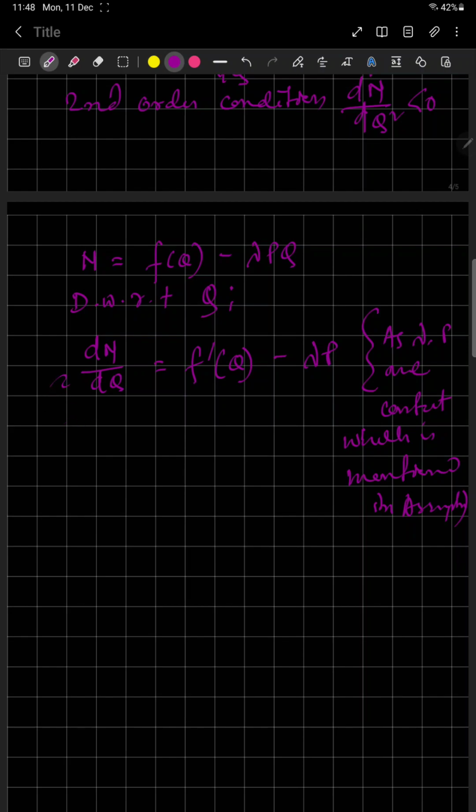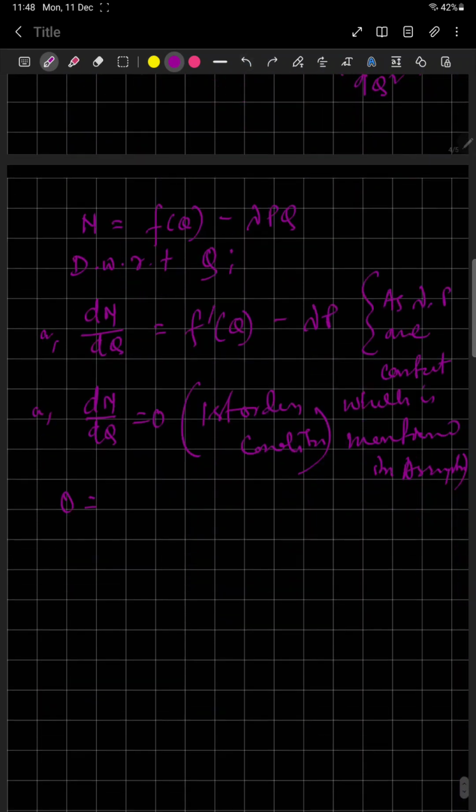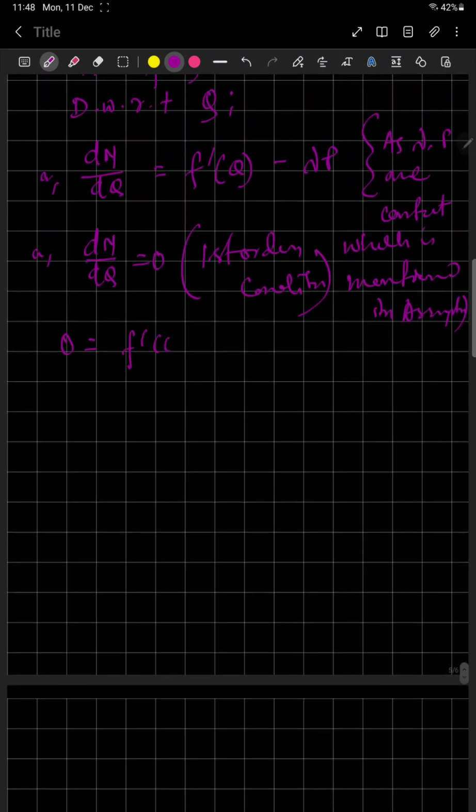According to the first order condition, dN by dq is equal to 0. So 0 is equal to f dash q minus lambda p, or f dash q is equal to lambda p.